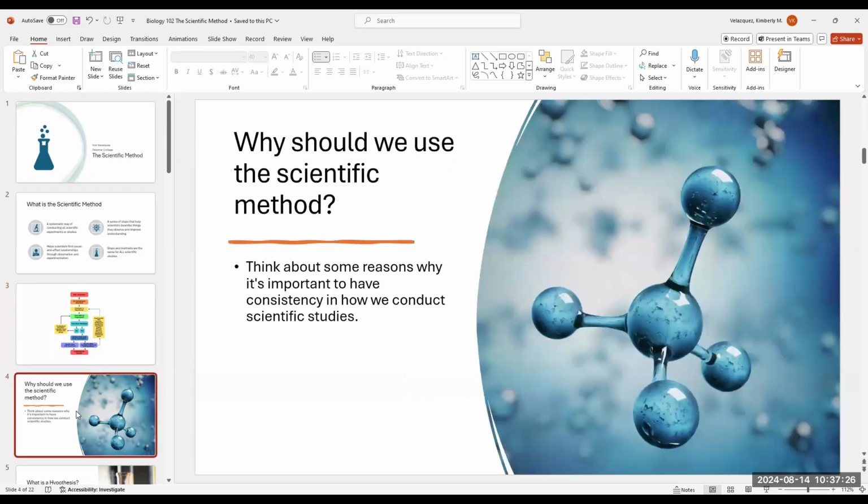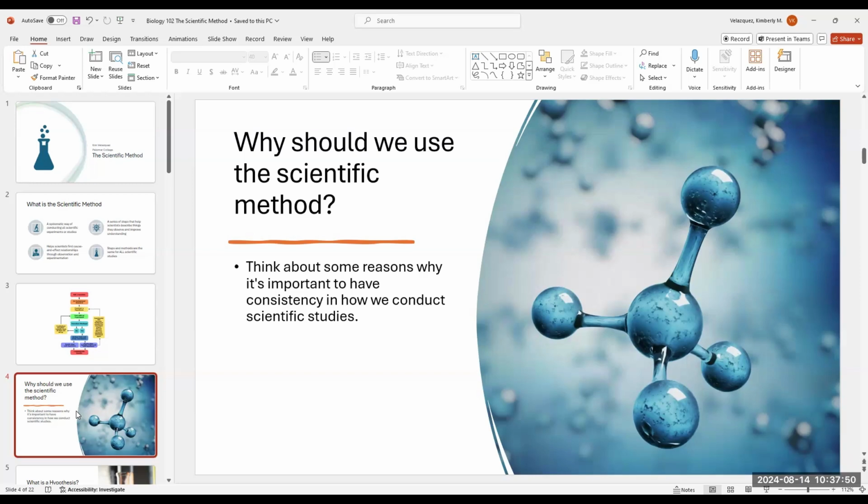So just thinking about why we should use the scientific method for doing research, why it might be important to have that consistency in how we can conduct studies, I think it's really, really important to think about the opposite, and that is information we read on the internet or on social media.